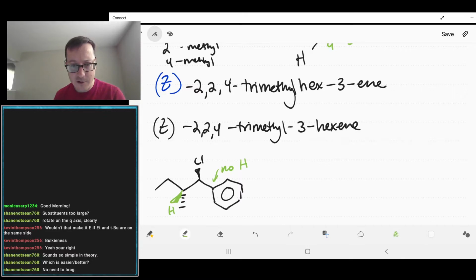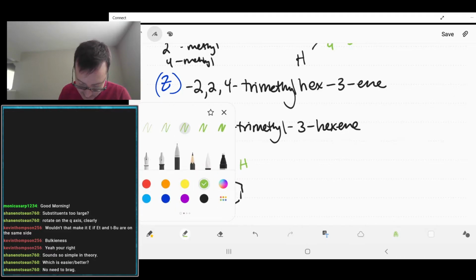Why do we have no hydrogen on the right, by the way? Don't forget a phenyl ring like that has double bonds, so it's already got four. So no hydrogens there. If that was a cyclohexyl, then we would have a hydrogen there. But since it's a phenyl, we don't. So let's go ahead and do the Newman.